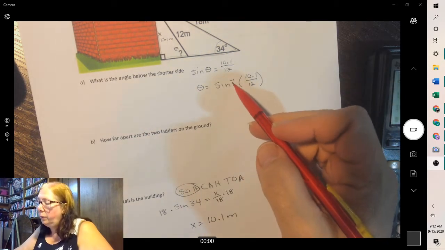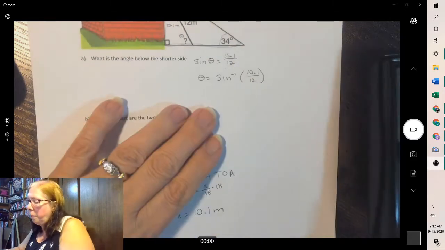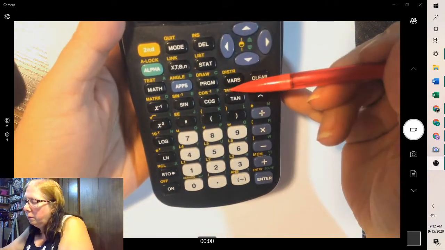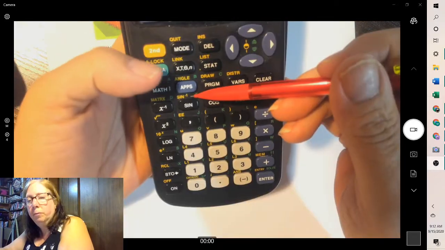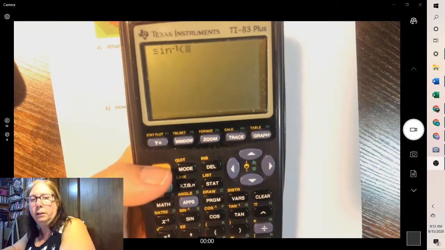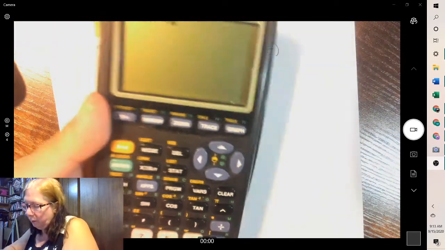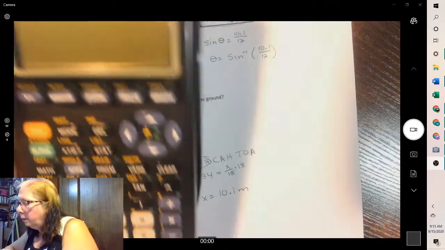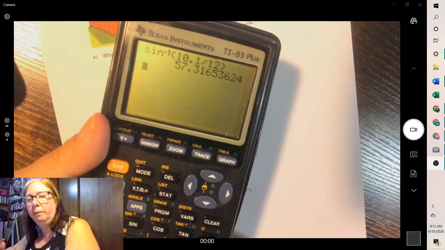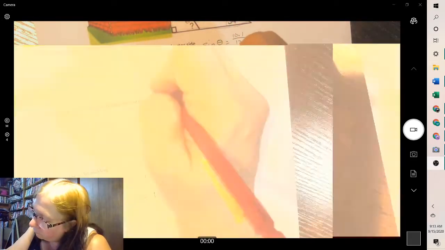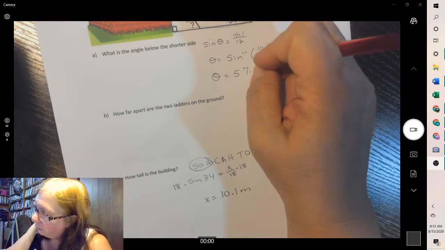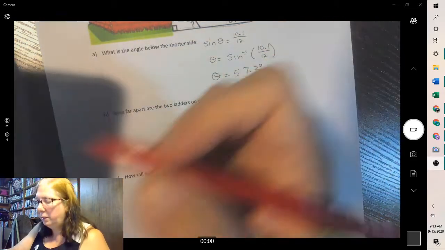So we have the sine inverse of 10.1 over 12. The inverse keys are up here, and we want the sine. So it's second and sine, and then you put your 10.1 divided by 12. It's 57.3. And it's an angle, so it would be degrees, because my calculator is set for degrees.